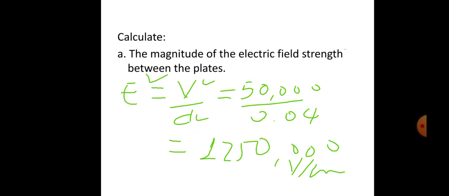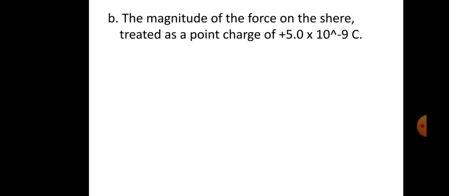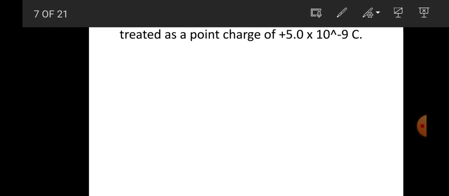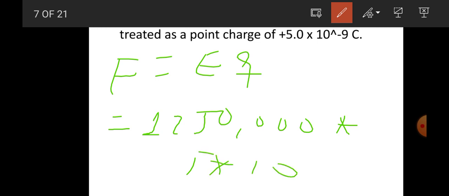Next, part B: the magnitude of the force on the sphere treated as a point charge of 5 times 10 to the power of minus 9 coulomb. Force is equal to electric field strength times charge. The electric field strength is already calculated: 1,250,000 times 5 times 10 to the power of minus 9.